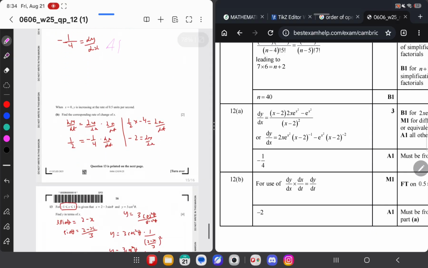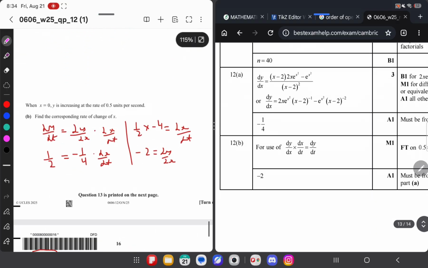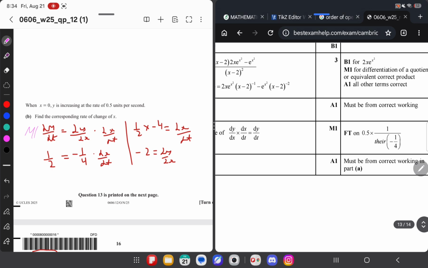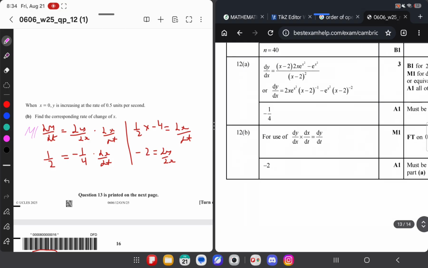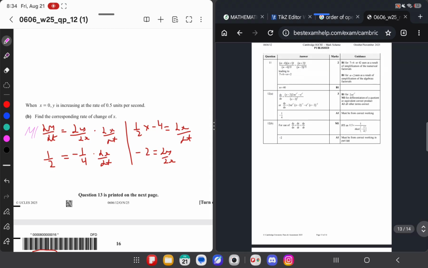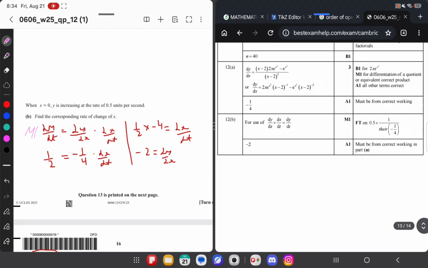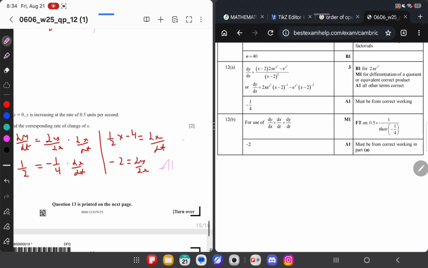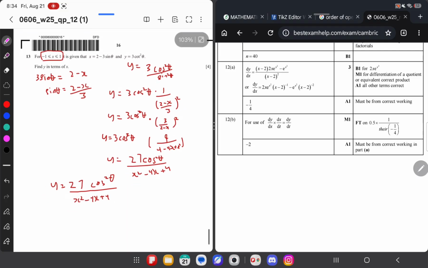You see, math marking seems a bit sussy. 1 for the use of, oh my god, FT on follow through on 0.5 times 1 over negative quarter, and this is at negative 2, and this is the answer, A1. He didn't state it. Okay, I suggest you circle your answers, your final statements.